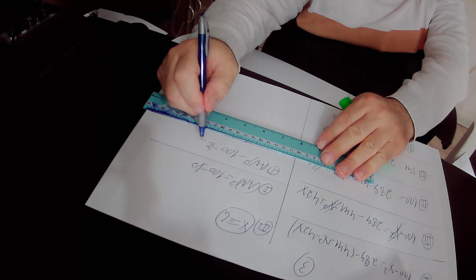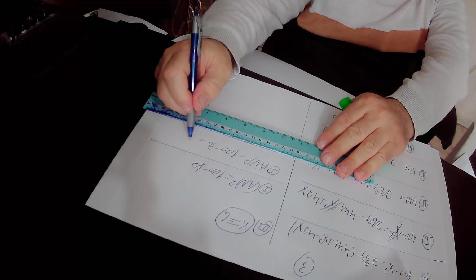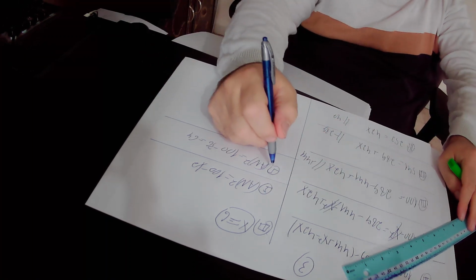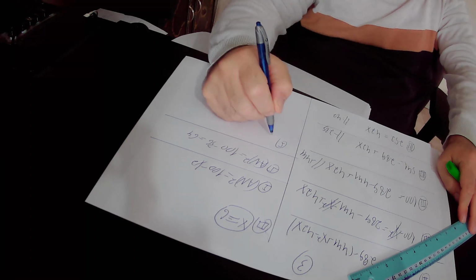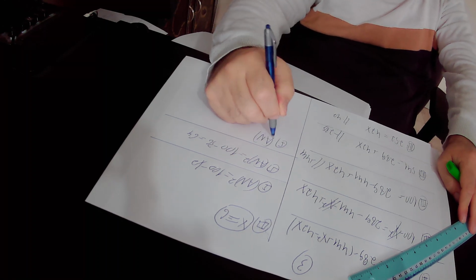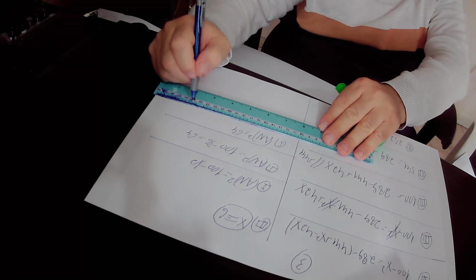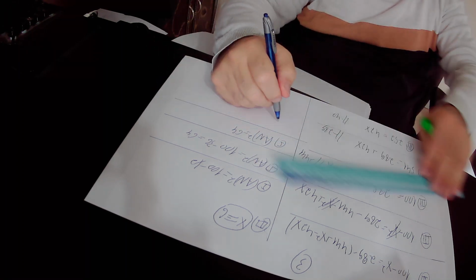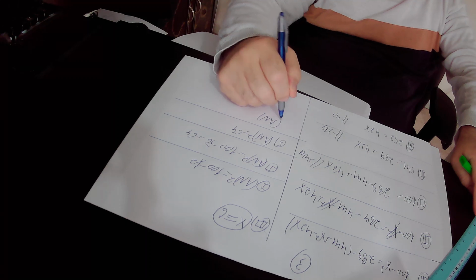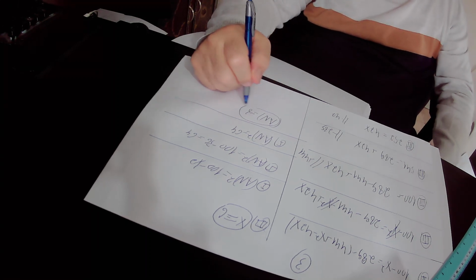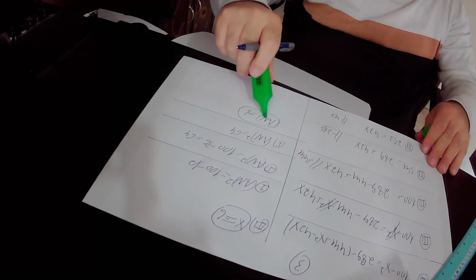So AN squared equals 100 minus 36, that is 64. We take the square root of equation 1, and finally get that AN equals the square root of 64, that is 8. So AN equals 8 units in length.